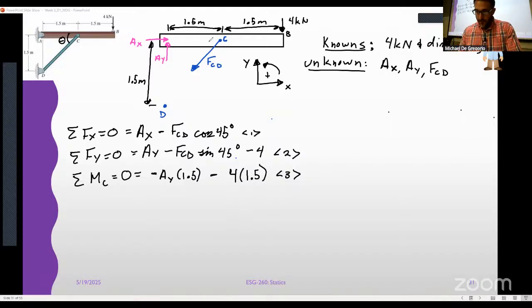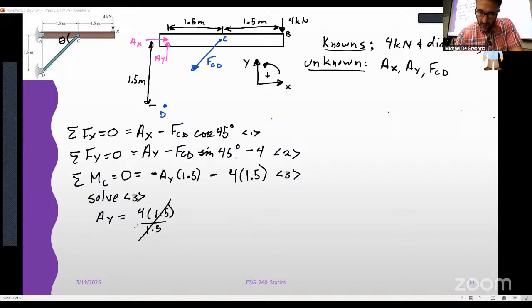So we'll solve equation 3, because that lets me get AY right off the bat. Solving that says that AY is equal to 4 times 1.5 divided by 1.5. Those would cancel.